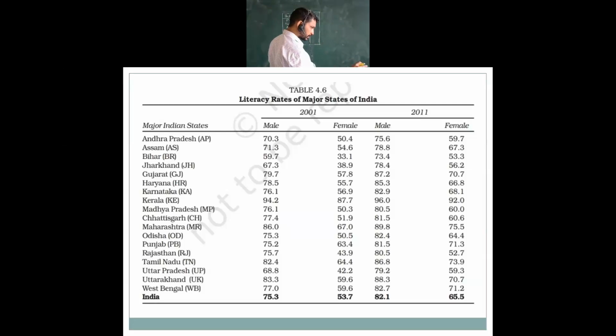Next, Haryana. Haryana was 55.7, and then 66.8.